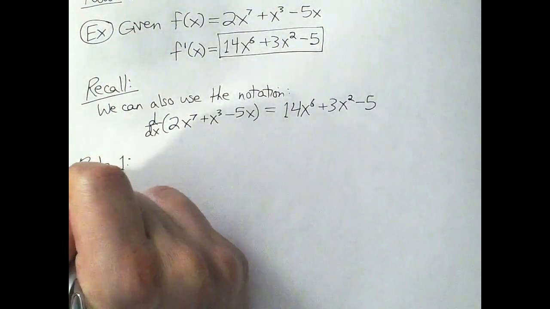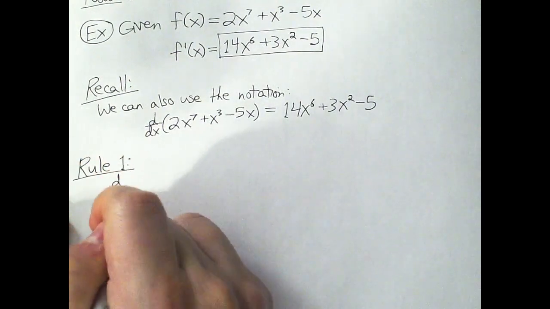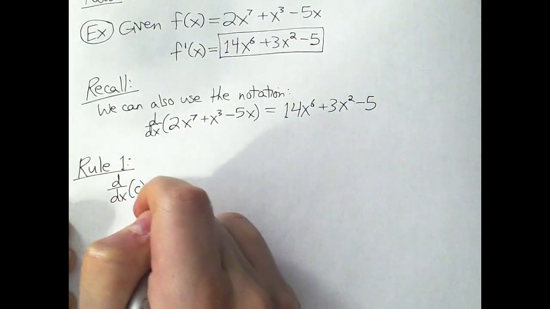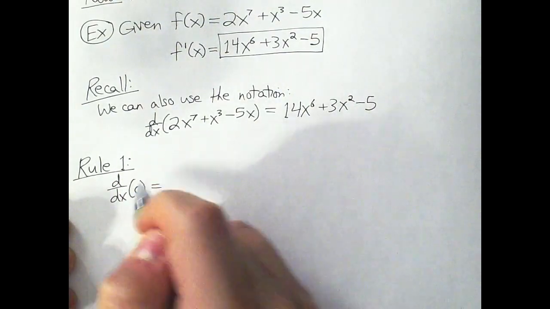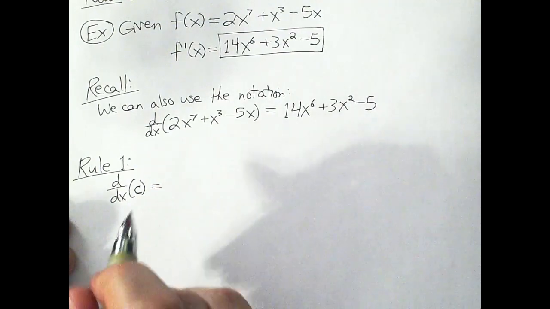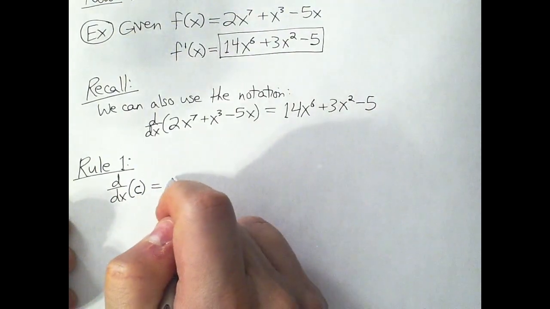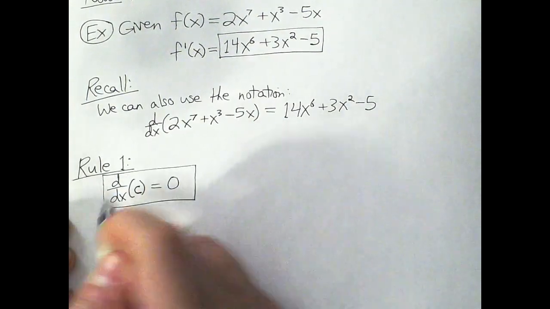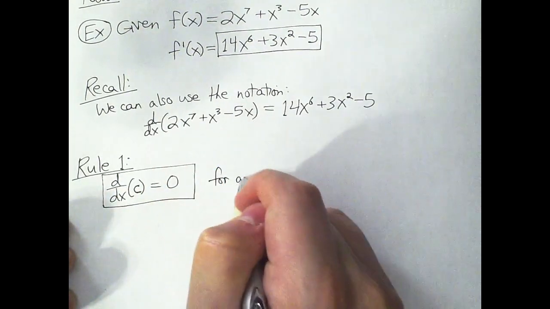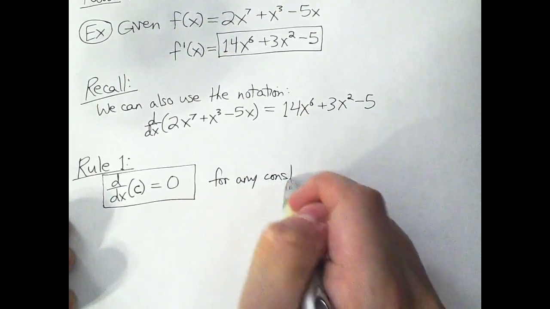Rule 1, the derivative of. I'm going to say the rule first, and then I'm going to prove it. The derivative of just c, where c is a constant, is always going to equal 0 for any constant c.